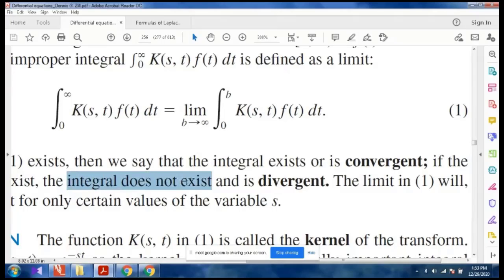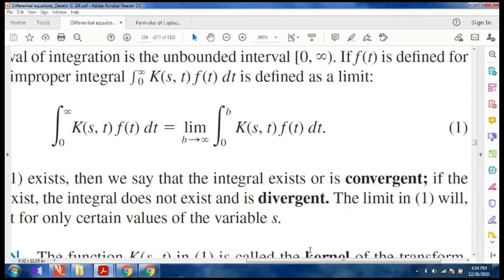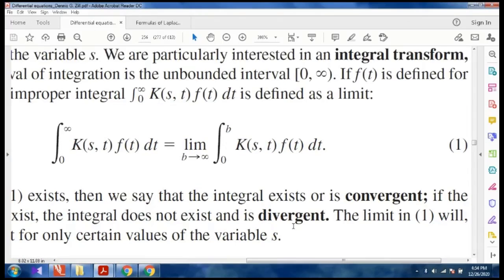If the integral doesn't exist, you can see here we have the limiting concept. So if the limit doesn't exist, then the integral is divergent. Have you understood this concept? Actually, I am starting from the very beginning, so it may be difficult to understand, but gradually you will get it.